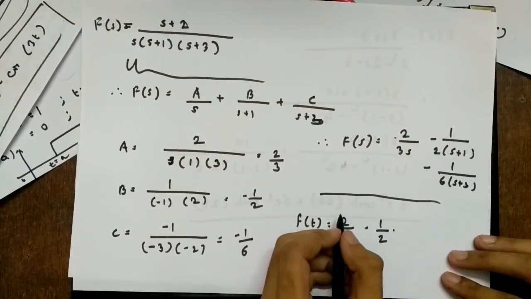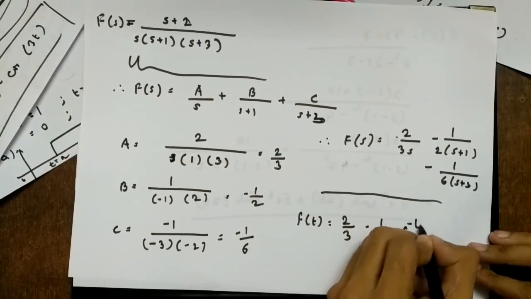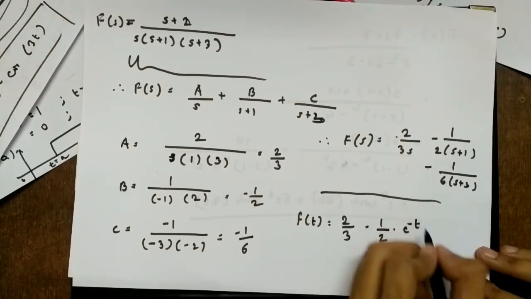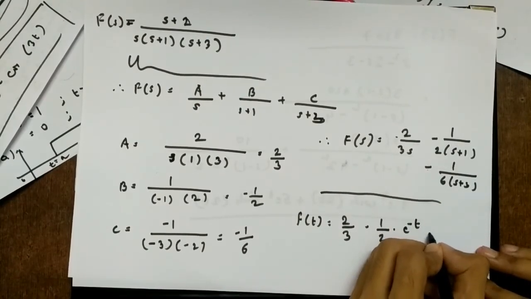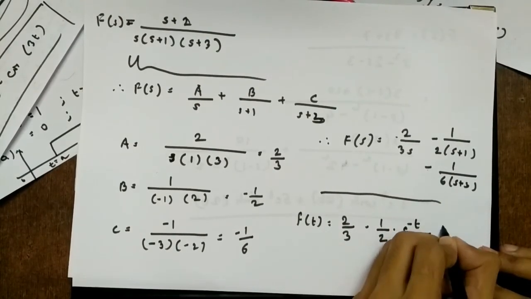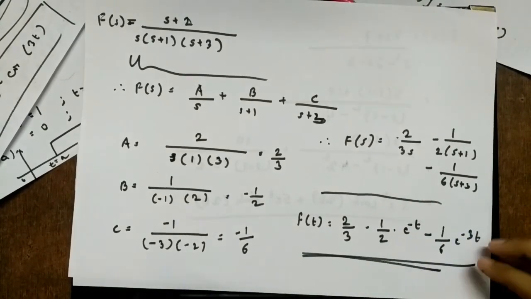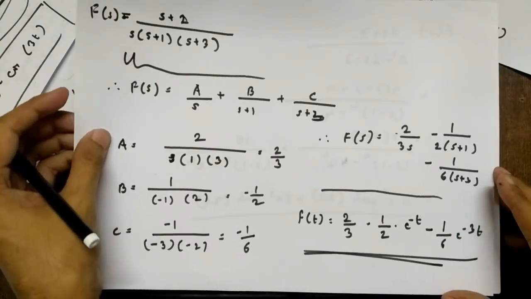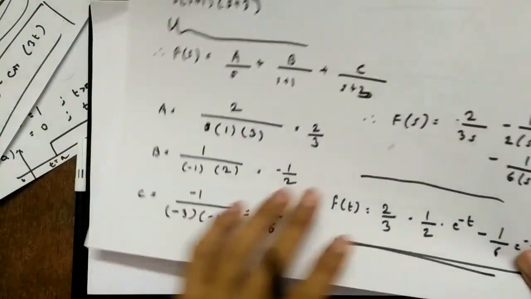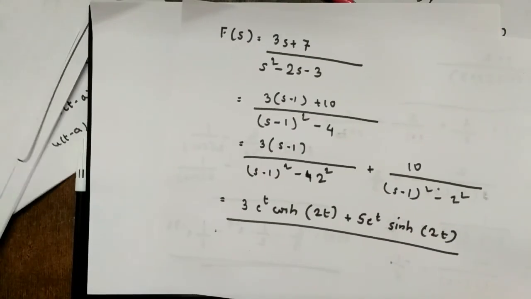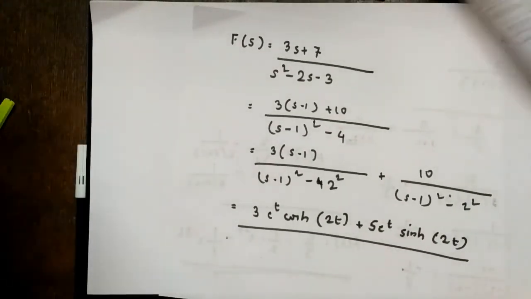Inverse Laplace of 1 upon (s + 1) is e raised to minus t, where a is 1, since the Laplace transform of e raised to minus at is 1 upon (s + a). Similarly here, same thing, but a is 3. So this will be minus 1 by 6 e raised to minus 3t. So this is the way we solve partial fraction expansion. Then you have those types of partial fraction expansion, so you already know them, you have studied in mathematics. Okay. So we'll continue in the next lecture.